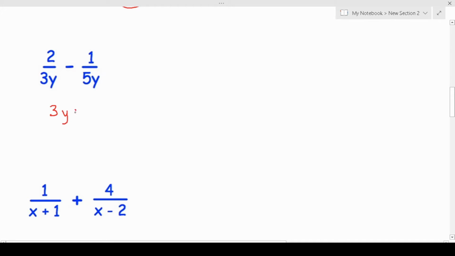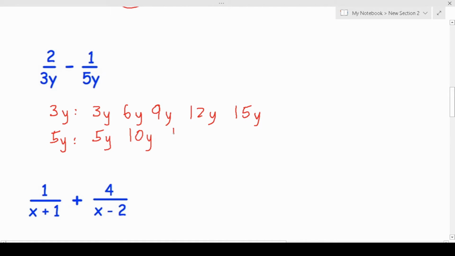Again, multiples of 3y are 3y, 6y, 9y, 12y, 15y. Multiples of 5y, that's going to be 5y, 10y, 15y. And as you can see, they have a common multiple of 15y. So we're going to rewrite these fractions such that they're both over 15y like this. It's going to be 15y as the denominator for both of them.